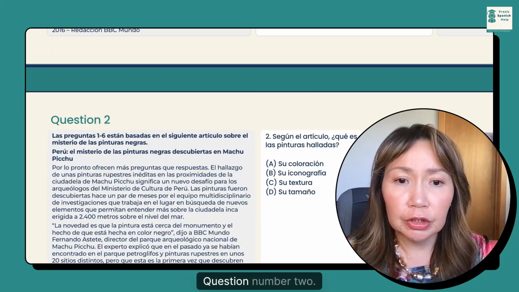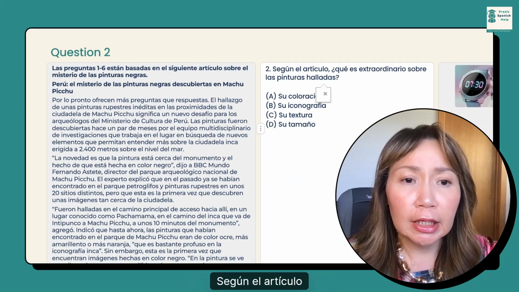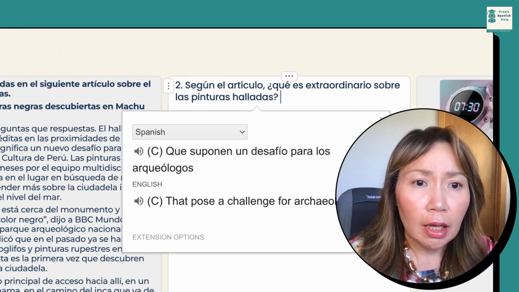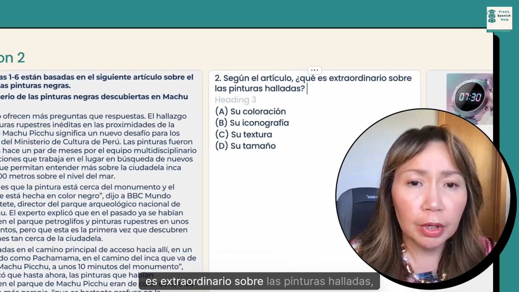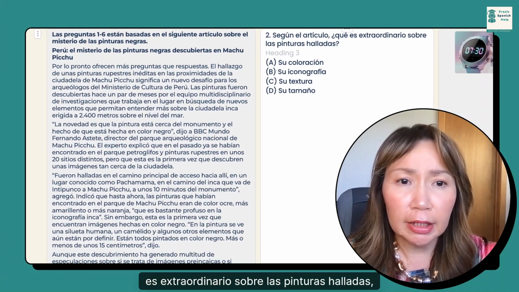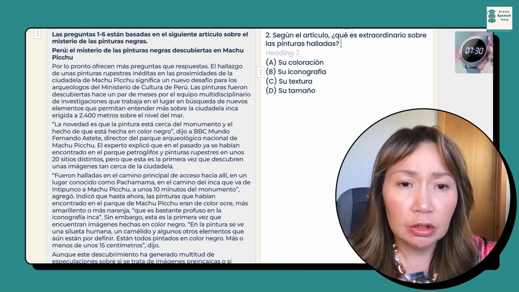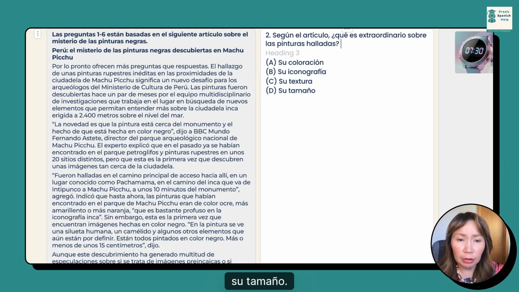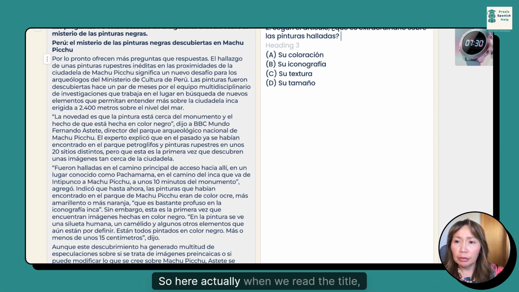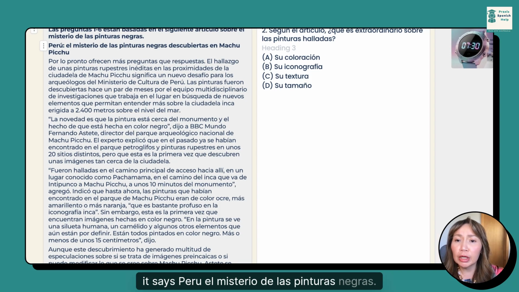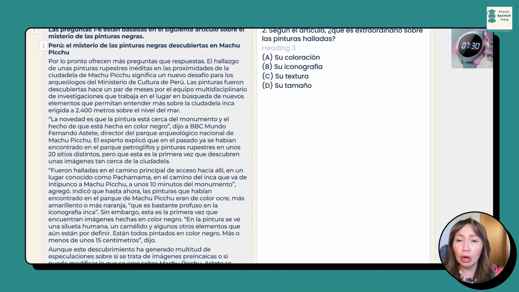Moving on. Question number 2. Según el artículo, ¿qué es extraordinario sobre las pinturas halladas? Su coloración, su iconografía, su textura, su tamaño. When we read the title, it says, Perú, el misterio de las pinturas negras, right? So we know that the color was black.